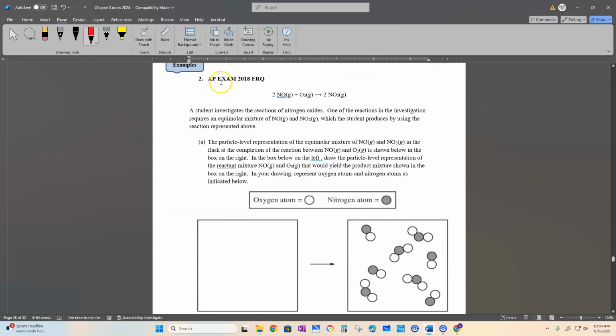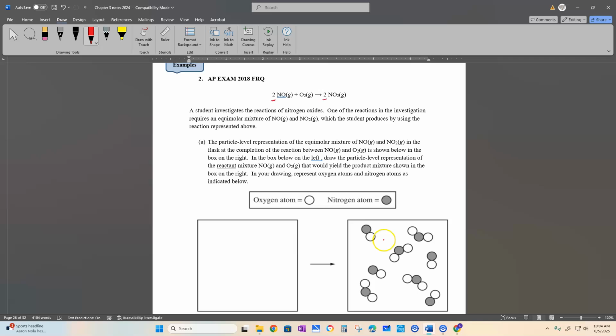This is an actual AP exam question back from 2018, where they actually used particle diagrams instead of stoichiometry. So it says a student investigates the reaction of nitrogen oxides. One of the reactions in the investigation requires an equal molar mixture of NO and NO2. So as you see right here, equal molar, I have 2 moles of each one.